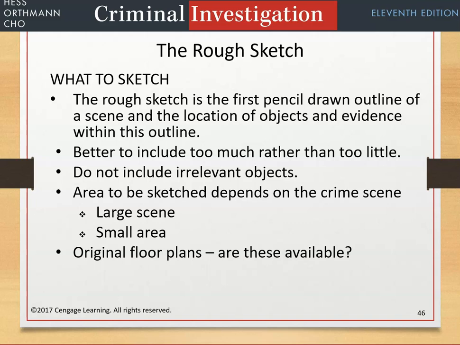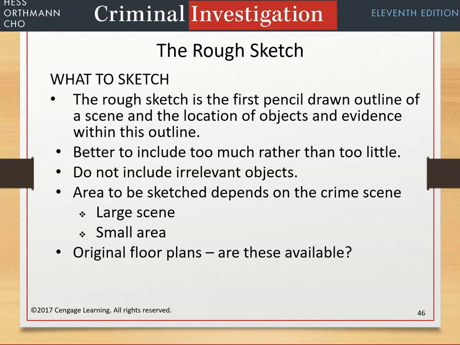The most common types of sketches are those drawn at the scene, and they're called rough sketches. Those are basically completed by an investigator, or maybe someone who's just going to do the crime scene sketch, but typically it's the investigator.